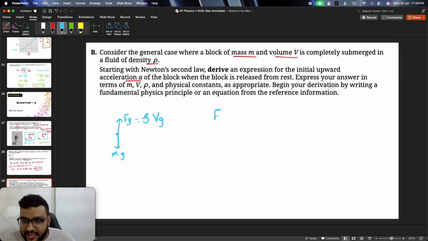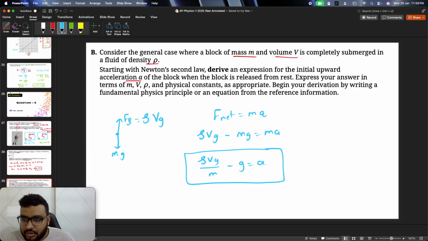Now we know that F net should equal mass times acceleration. So F net is rho Vg minus mg, the downward force, equals ma. If I divide both sides by mass, I get rho Vg upon m minus g equals acceleration a. So this is the expression for initial upward acceleration a.